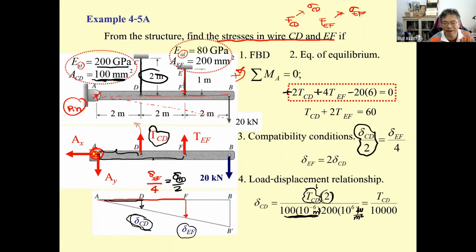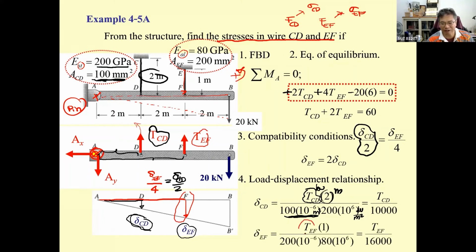So beware of the units. Then you move to the second one: T sub EF times 1 meter, with the area in square meters, and aluminum has 80, in kilonewton per square meter. Again, beware of this.